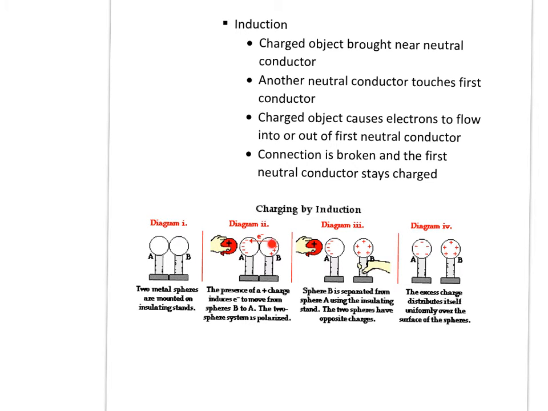The second neutral sphere is having its protons and electrons separated because this one is doing the same thing. So there is a negative side and a positive side. These negative electrons are being attracted over to this sphere. So when this one is pulled away, it lost electrons. This one gained electrons from the other sphere, meaning that this one is now negative and this one is now positive.